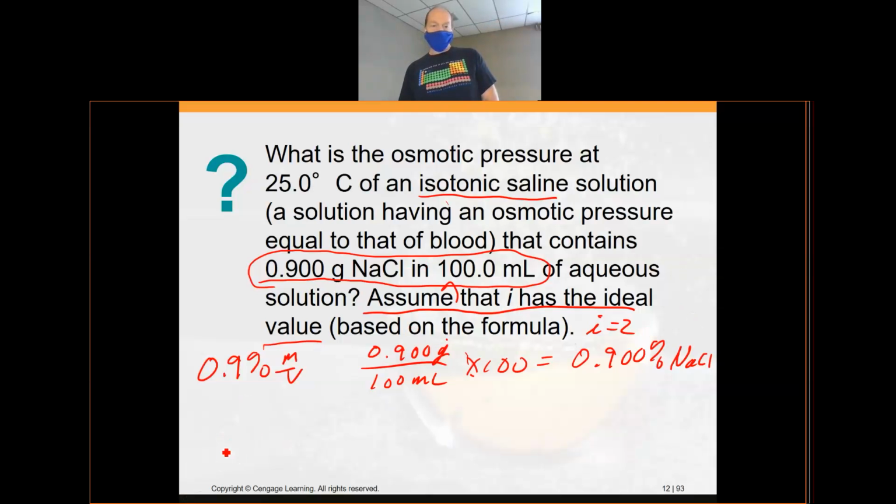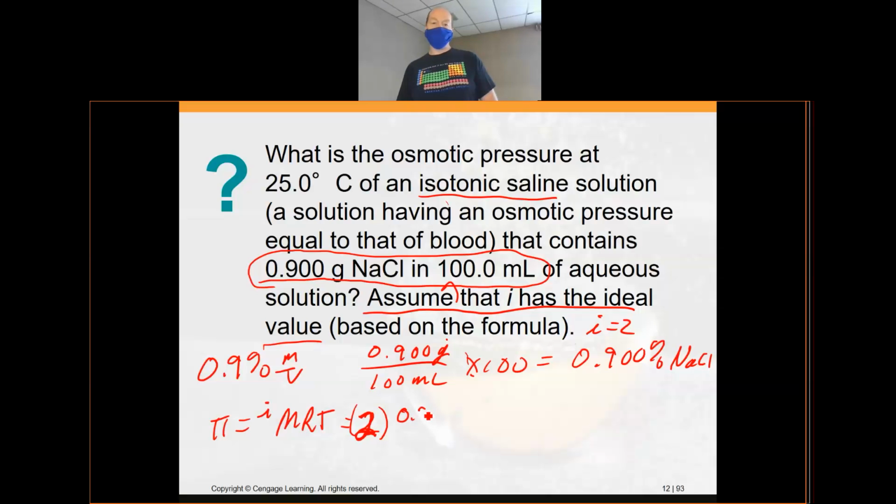All right, so what is the osmotic pressure? Pi is equal to iMRT. Your i value is 2 because it's sodium chloride. Now we need to find moles per liter of solution.